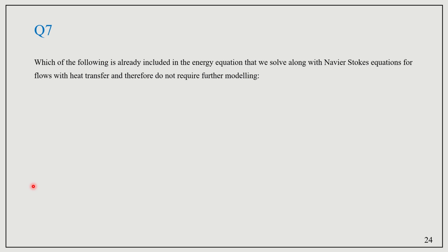Which of the following is already included in the energy equation that we solve along with the Navier-Stokes equations for flows with heat transfer and therefore do not require further modeling?